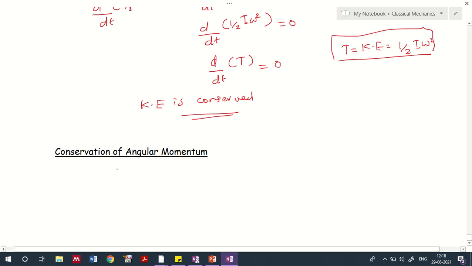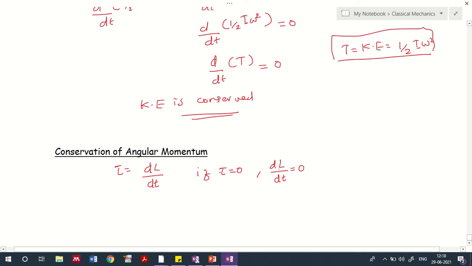because we already know that tau, the torque, is equal to dL by dt. Now if we say for the force free rotation case, if torque equal to 0, the force applying on that rotational body equal to 0, then dL by dt equal to 0, because we know tau equal to dL by dt.